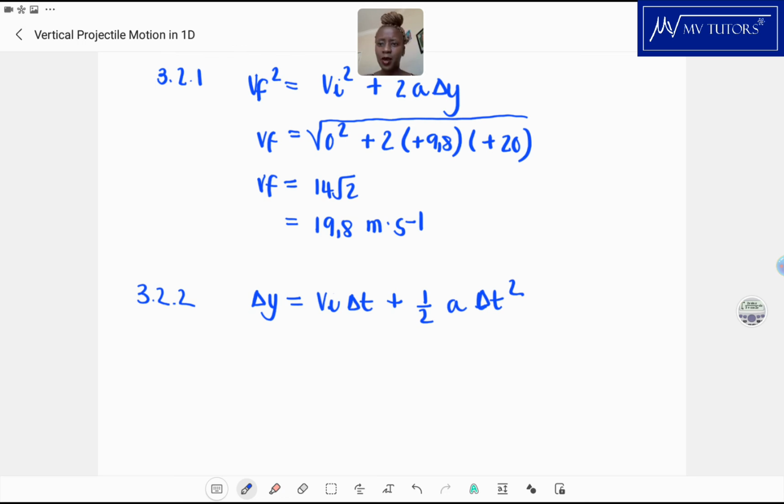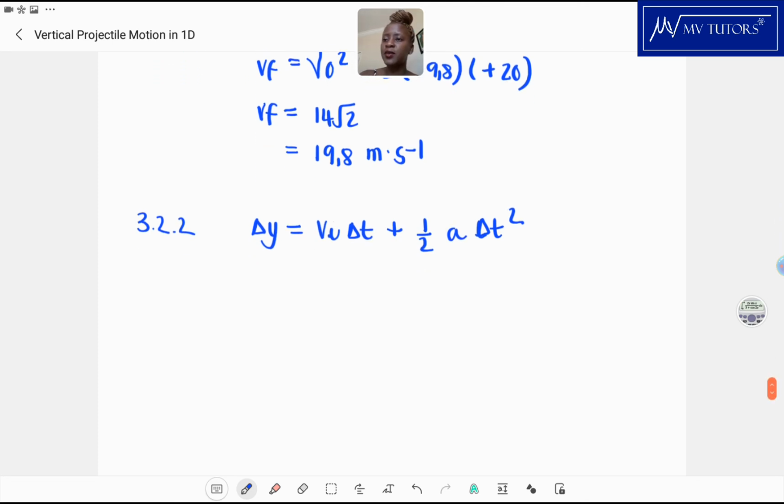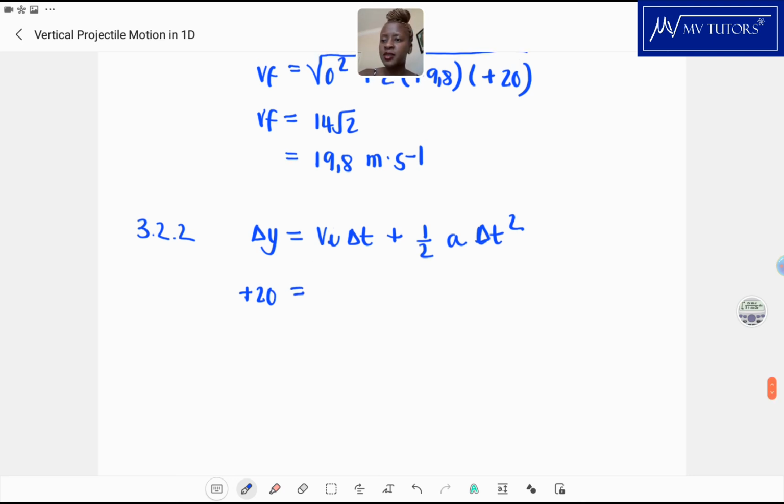Yeah, I hope I got the right equation. Yes. All right, so we know that is 20 because we took downwards as positive. Our initial velocity is 0. And then we have half. Acceleration is positive 9,8 and t squared.